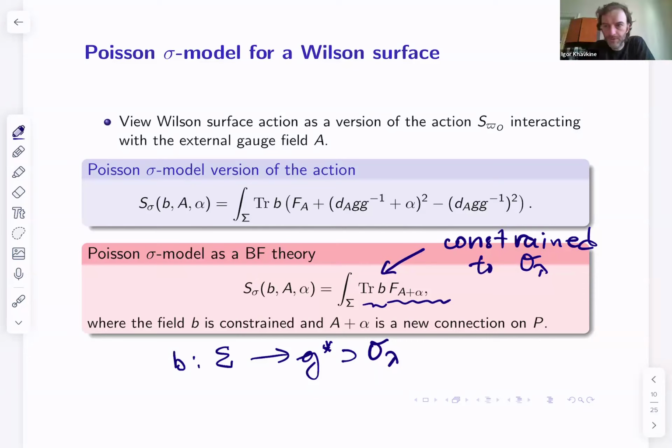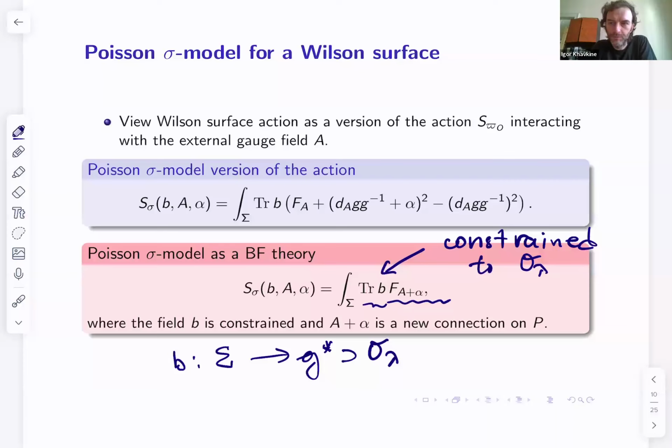Can I also ask at this point to clarify something? Sure. So you're talking about quantization of this Wilson surface as an observable. Can you just clarify what you mean? I just mentioned that this BF form will be useful for that.